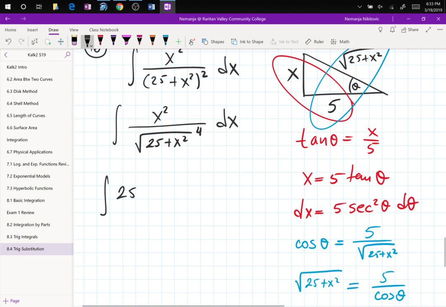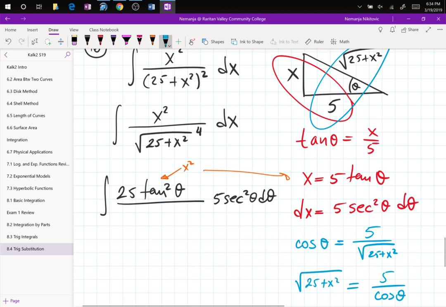So 25 tangent squared theta, that's your x squared, divided by dx, which is going to be 5 secant squared theta d theta, the dx replaced.